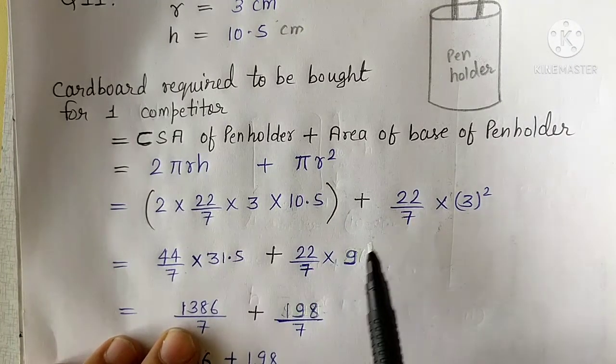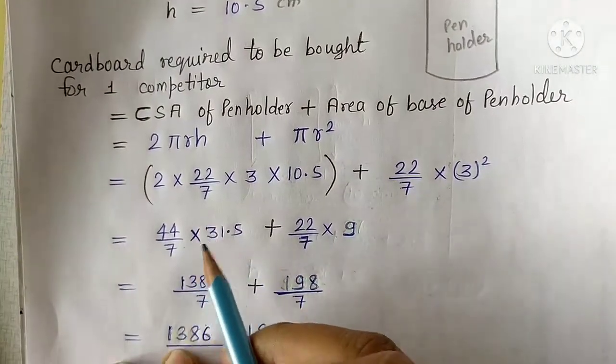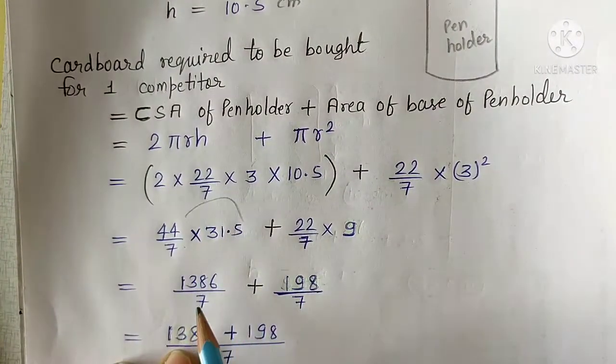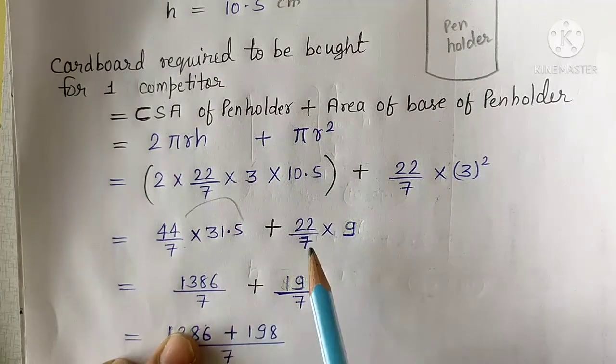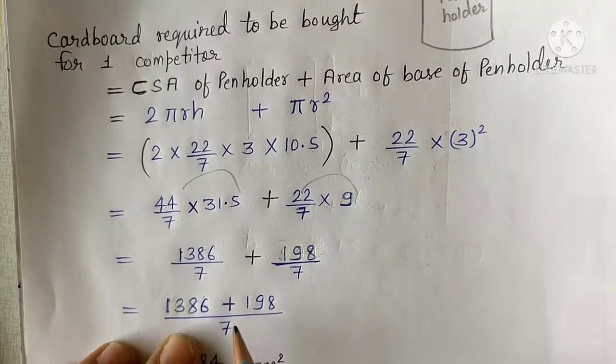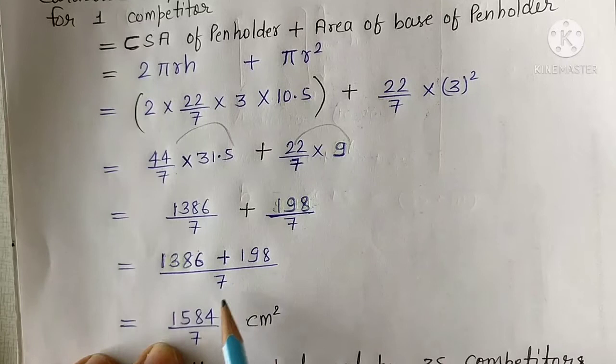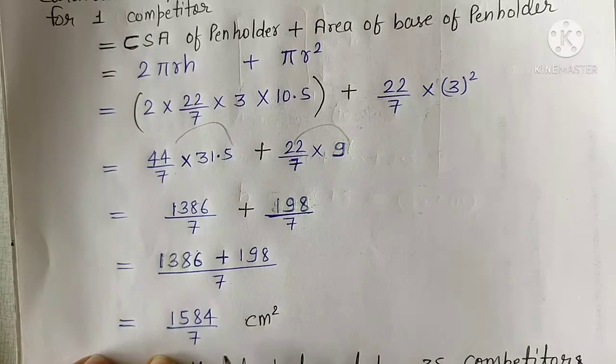Then 22/7 multiplied by 3 square, 3 square means 9. Now 44 into 31.5 comes 1386 upon 7, and 22 multiplied by 9 comes 198 upon 7. 7 is common, so we take it downside and add the values upside. Adding, it comes 1584 upon 7 centimeters square.